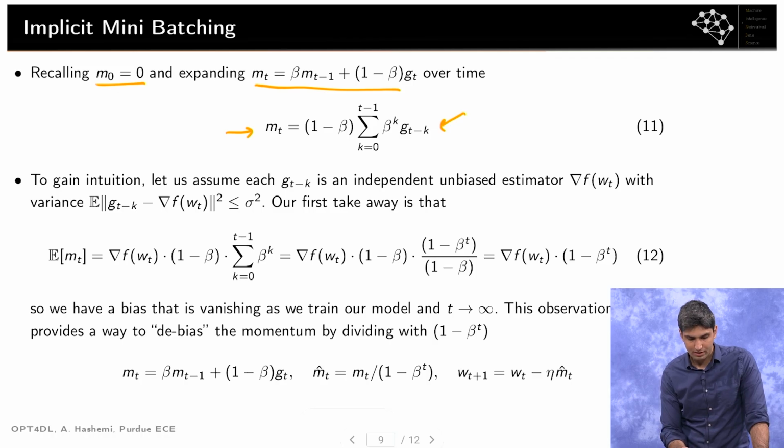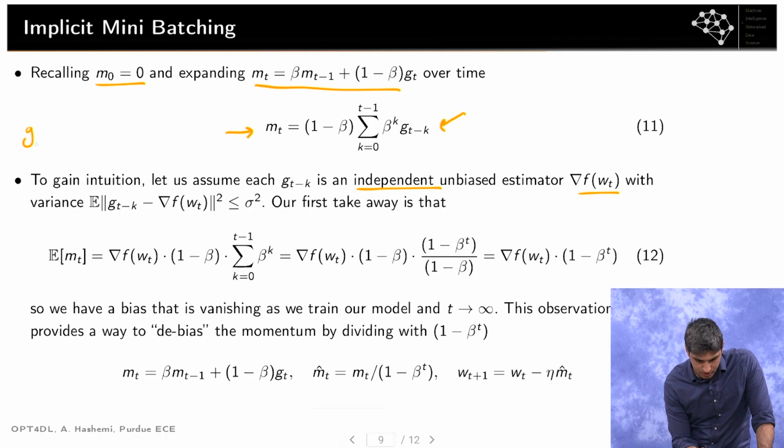But we're going to assume that they are independent, that they don't depend on each other. And also each one is an unbiased estimator of the gradient at Wt. This is also not true, because remember, G sub t minus 1, for instance, is the stochastic gradient evaluated at W t minus 1 and z t minus 1.